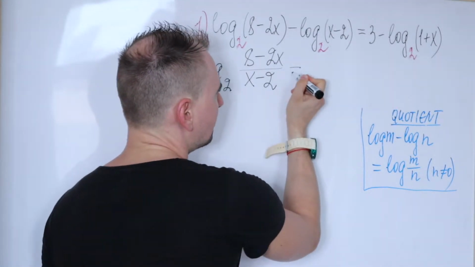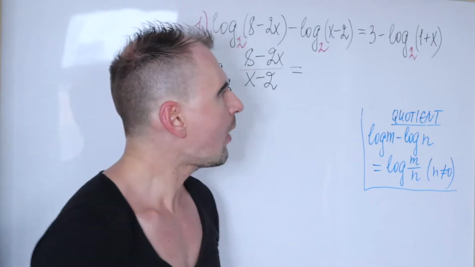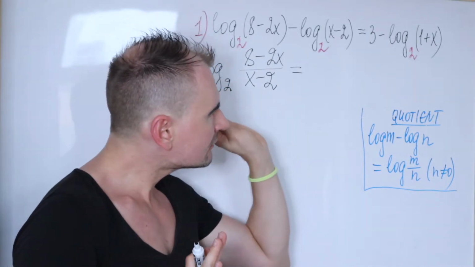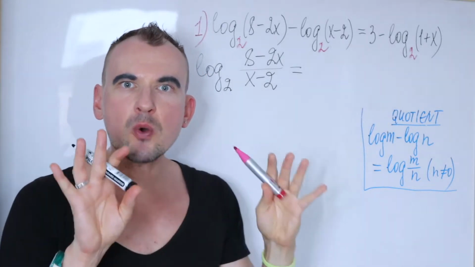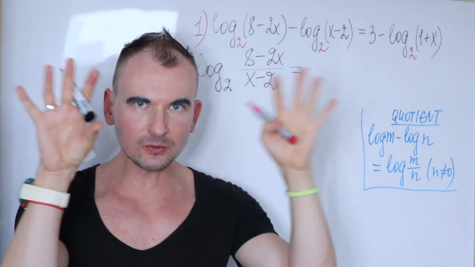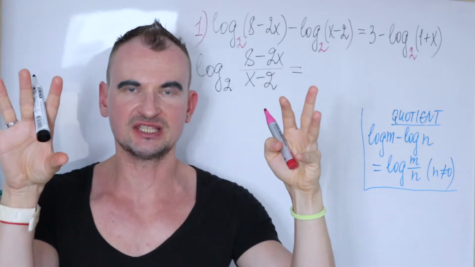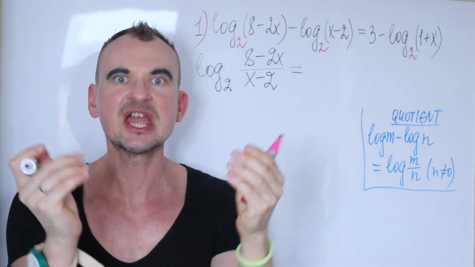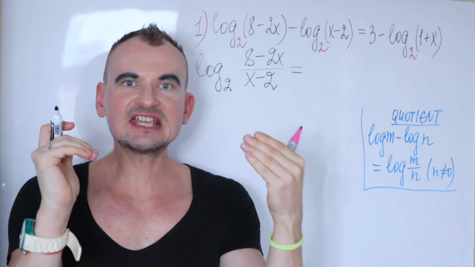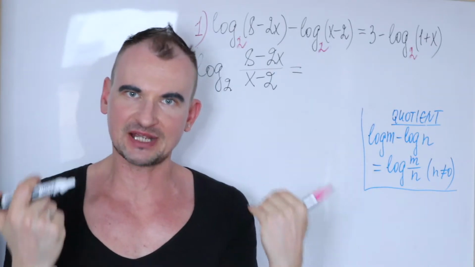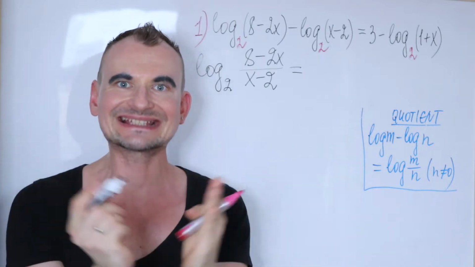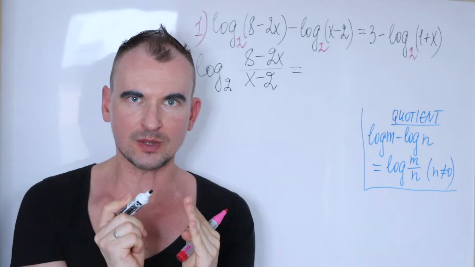Now, equals. We can look at the right side, and since our aim is to have two logs on both sides with the same base, we could simply leave these logs behind and set the arguments equal.